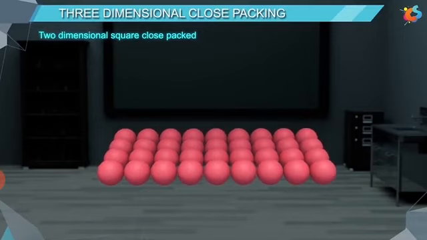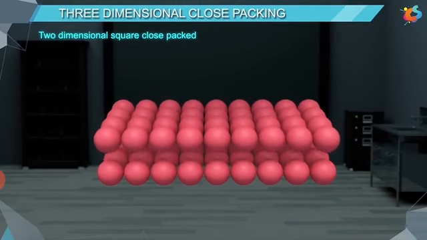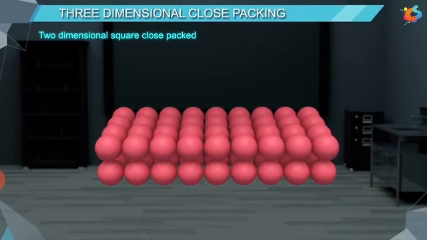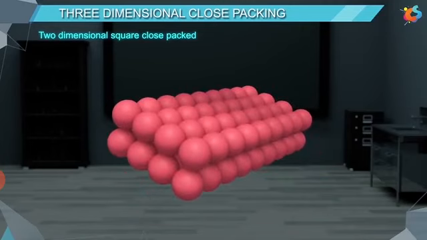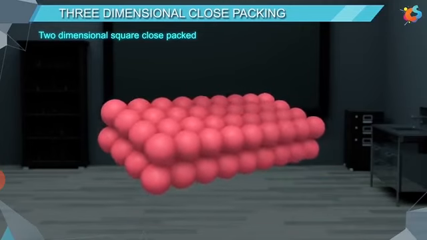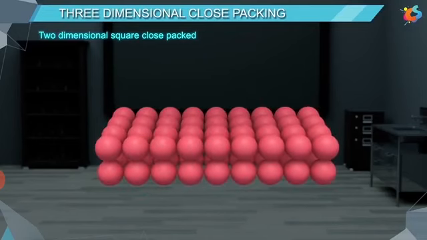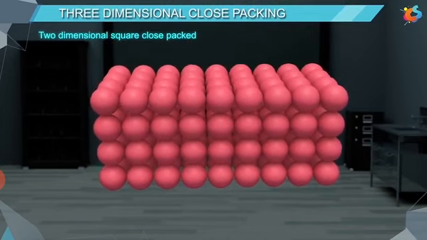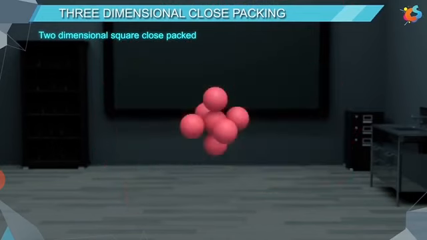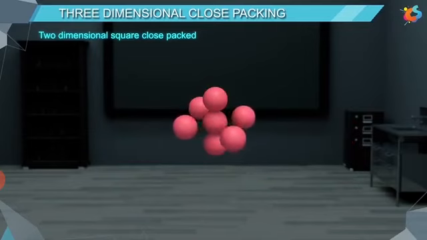If another layer is placed in such a way that the spheres of the first layer are exactly over the second, and the third layer is also kept in the same way, and the other layers also, then it is known as square close packing.